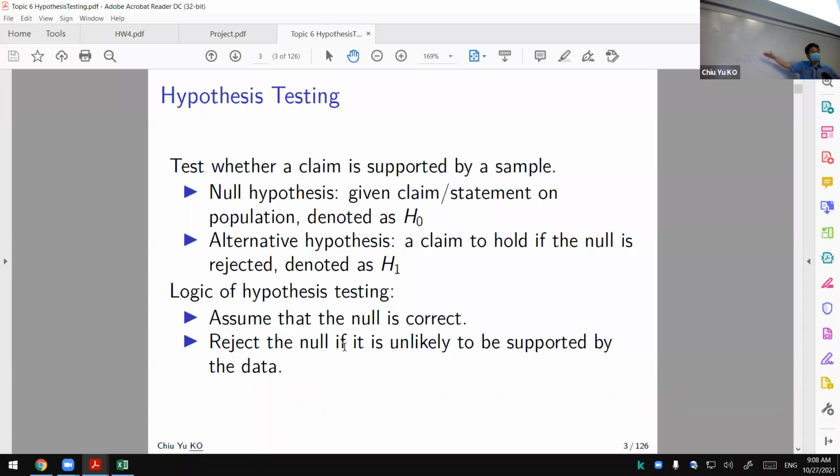Look at the data, see whether it is within this highly likely area, 95% or 90% or 99%. If it happens to be an extreme value, then you would think, I don't believe 5 kg is the right thing. So that's the main goal of today. It is a very simple idea: whether your data is likely given your assumption.